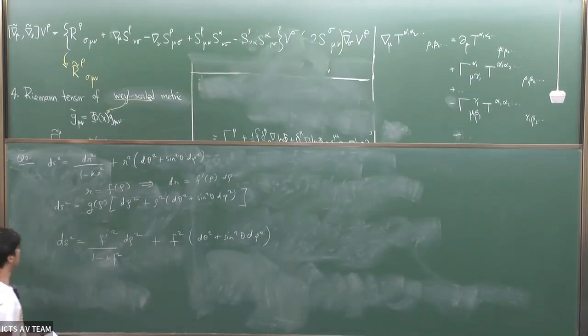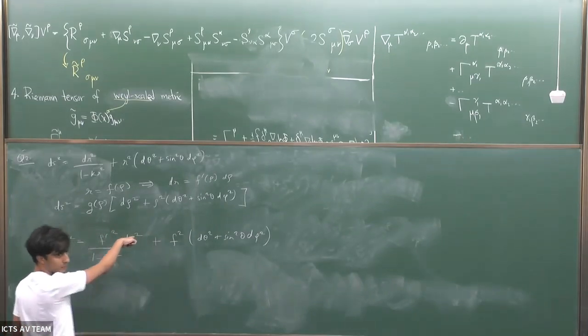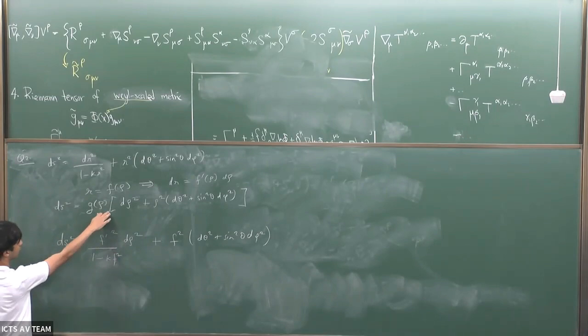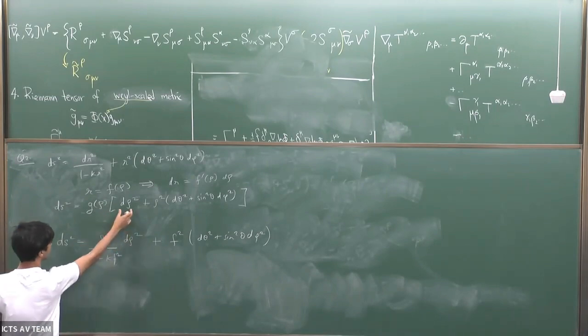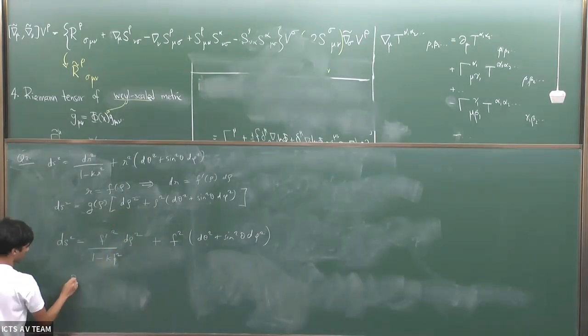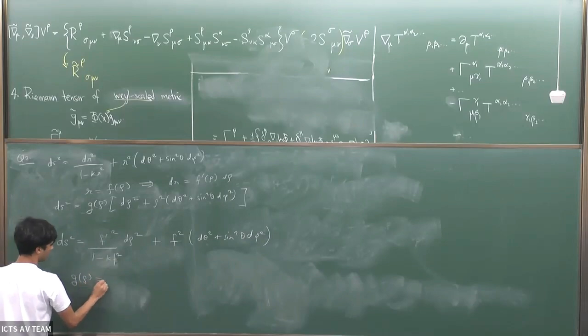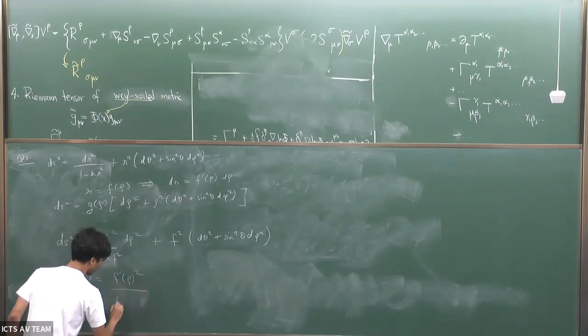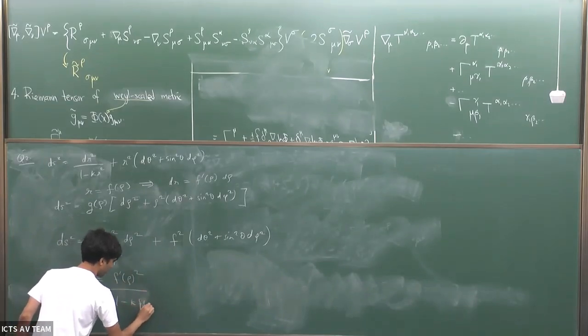Now we can compare these two to get an equation for f. So from here, the coefficient of dρ² gives us that g(ρ) is equal to f′(ρ)² over 1 − k f².